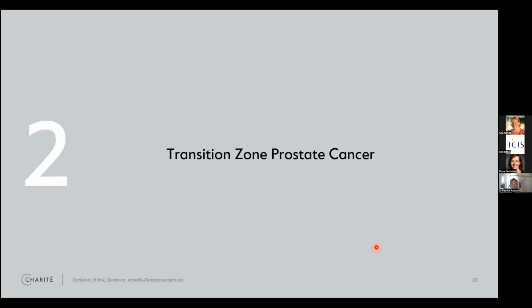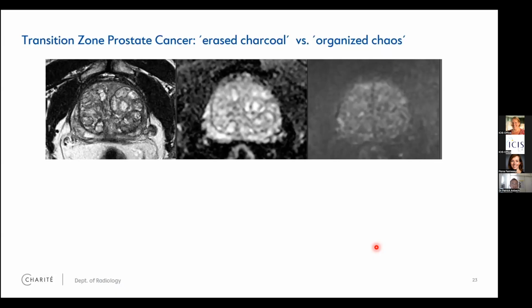Now I would like to switch to transition zone prostate cancer, which is more challenging. And I would like to start with a normal case of transition zone. This is a patient who has typical BPH changes of the transition zone. Axial T2 weighted image again. And what we see is this typical pattern of BPH.